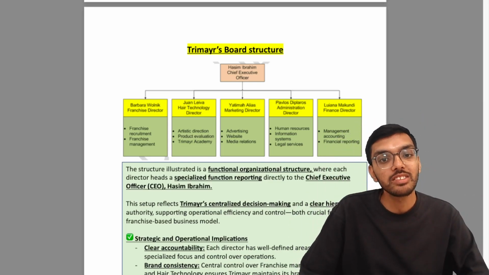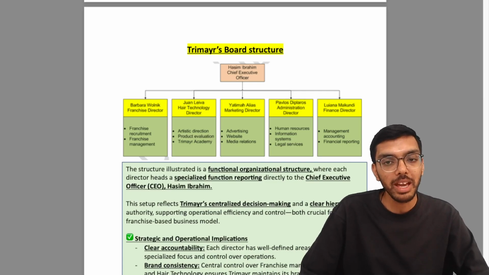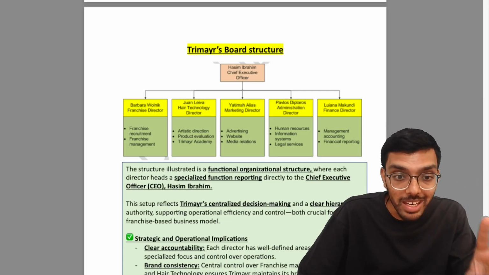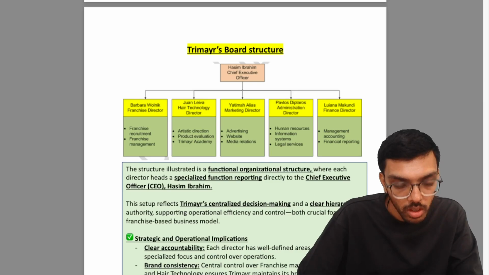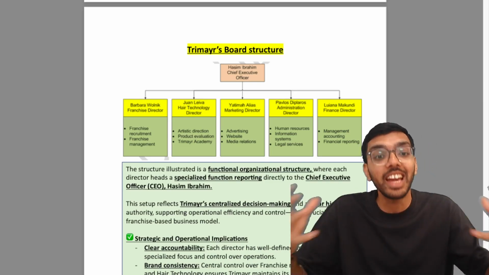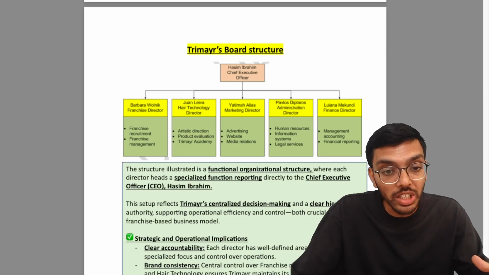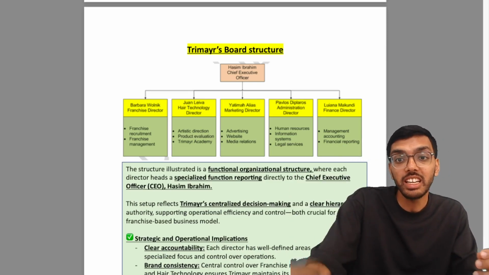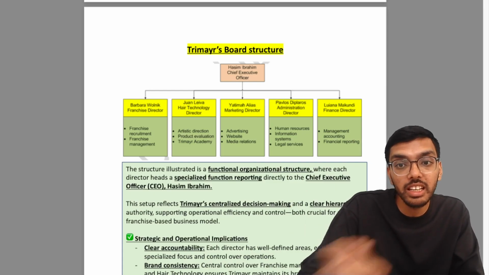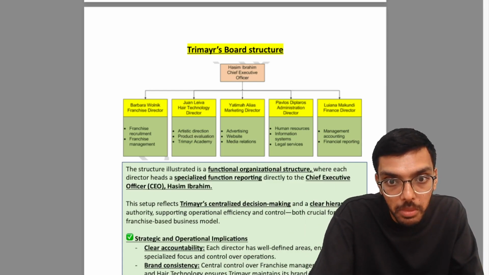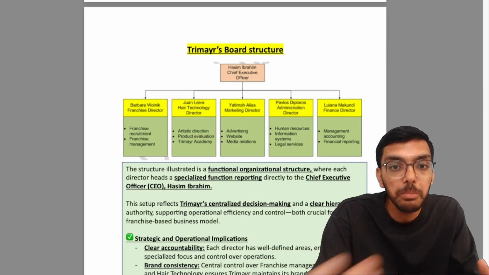This again reflects Trimayr's centralized decision making and clear hierarchy from the very beginning. This is good because of easy scalability, easy consistency, because there is good control, clear accountability. Finance accountability lies with Luyana. Admin accountability lies with Pavlo.